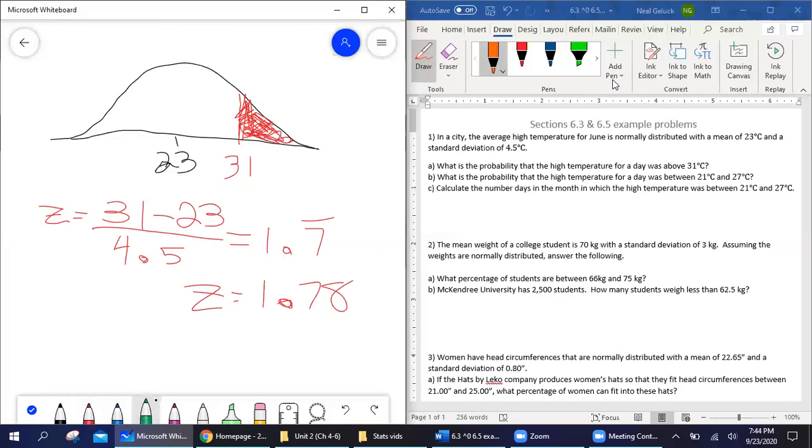It's going to tell you the area left of 1.78, which is 0.9625. So we have to do 1 minus that. And that will give me the area to the right, which is 0.0375. So it wants probability, so I leave it as a decimal. I don't convert it.